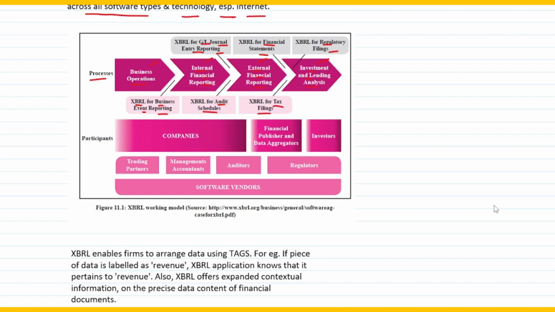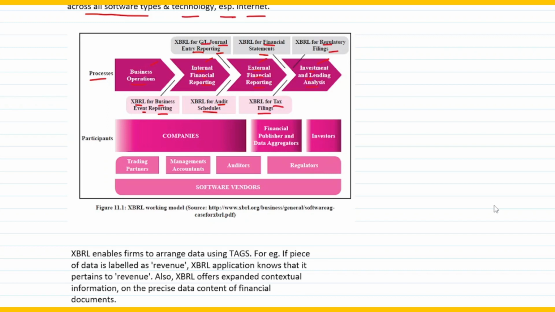First is business operations, where XBRL can be used for business event reporting. Internal financial reporting, it can be used for GL journal entry reporting or audit schedules. As far as external financial reporting is concerned, it can be used for financial statements or tax filings. And for investment and lending analysis, it can be used for regulatory filings, right?